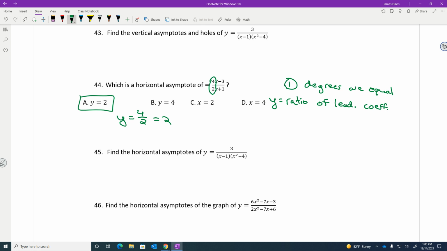The next one has our next scenario, which is that the bigger power's on the bottom. Like this doesn't even have an x. This one has up to an x cubed. So the degree is bigger in the denominator. That's the larger degree.